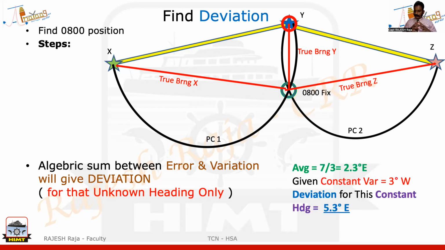So constant variation was 3 degrees. Your average error was 2.3 east. So when I convert, I can get a value of deviation as 5.3 east. So they can always ask you the deviation also. Please be ready for that. And you can complete this problem.